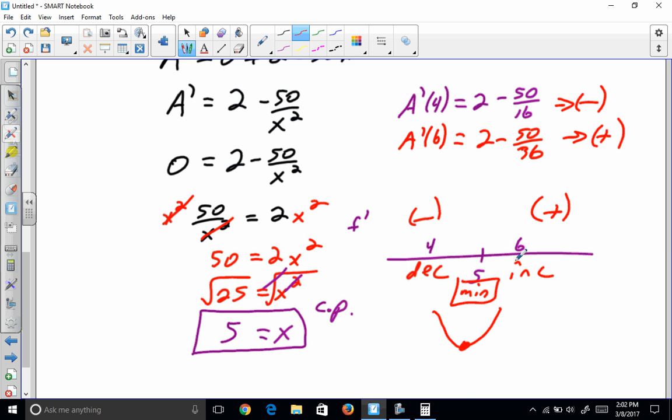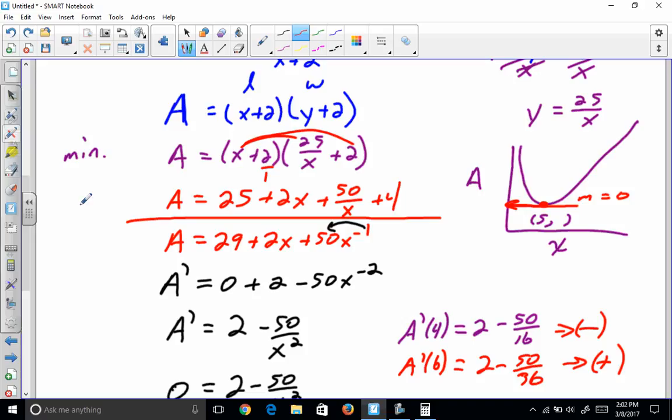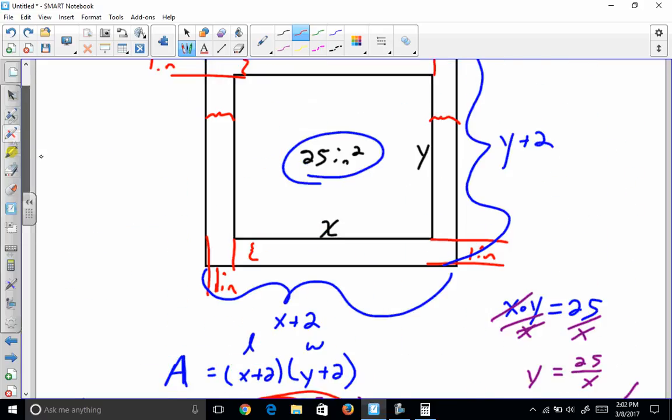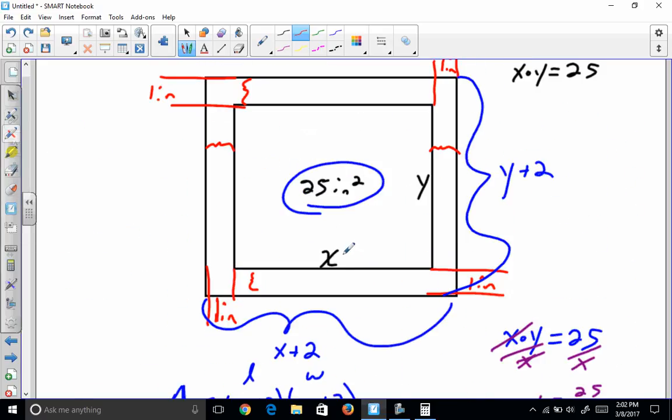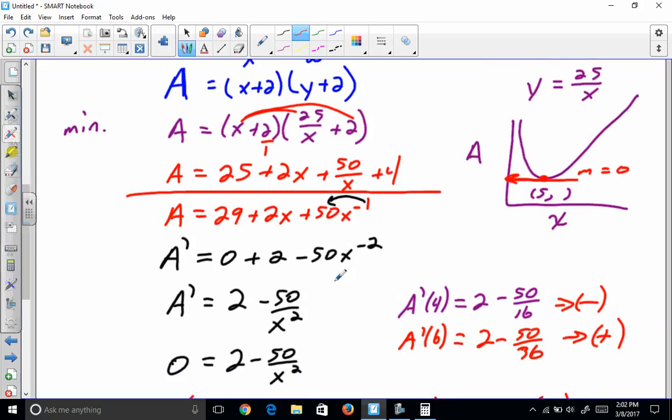That's the minimum location of where we were looking. So in order for our paper to be as small as possible, x needs to be 5. If we want to find the area when x is 5, we can go several places and plug that in.